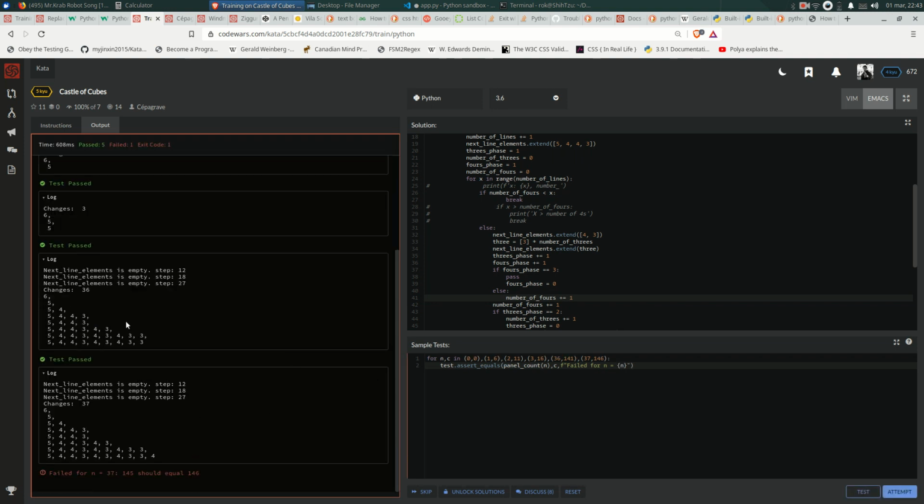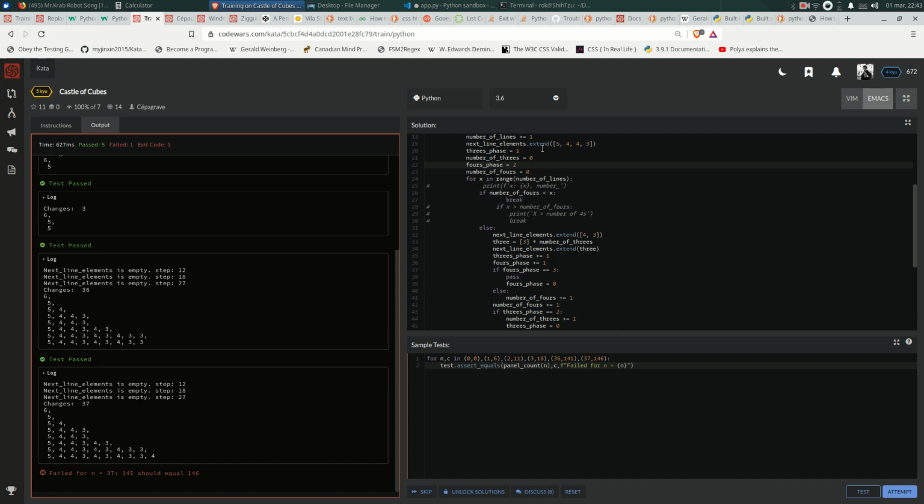Oh, no, this one worked and this one didn't. Is it the right way? Are we starting at the wrong fourth phase?